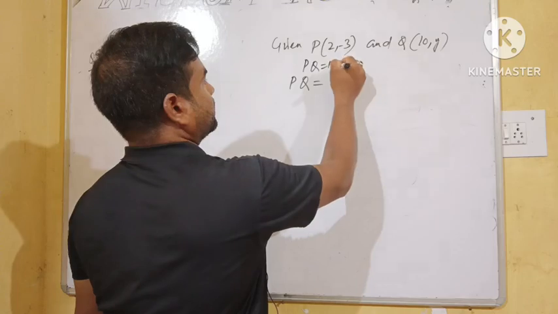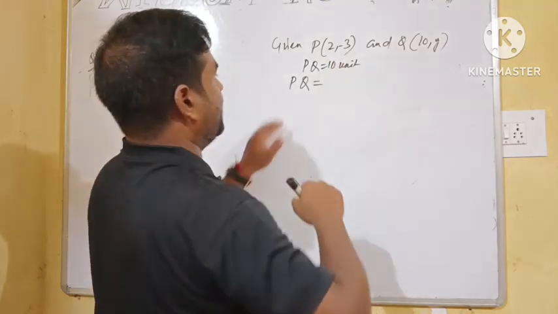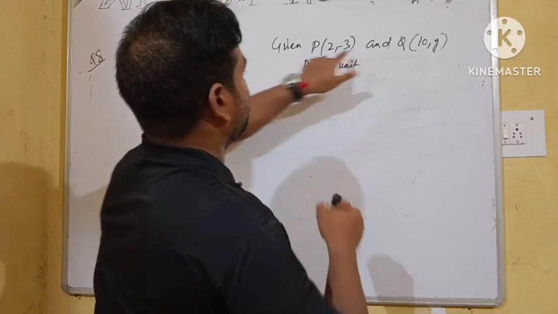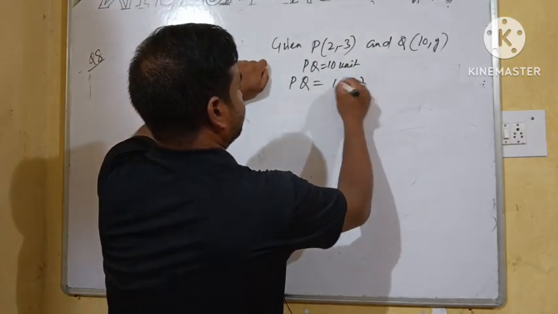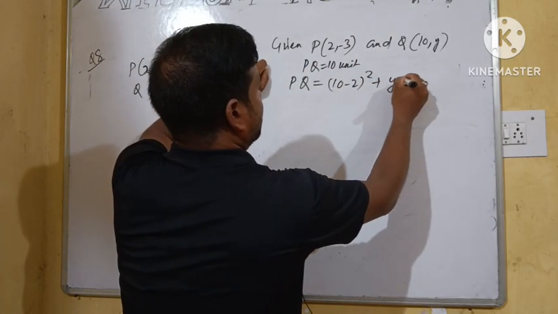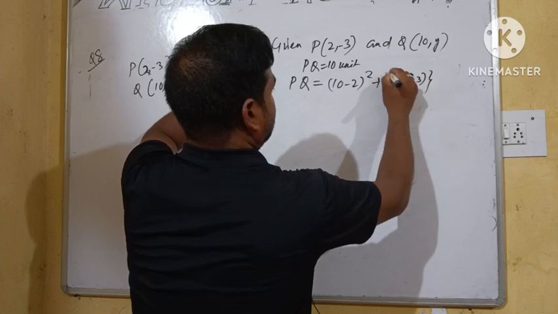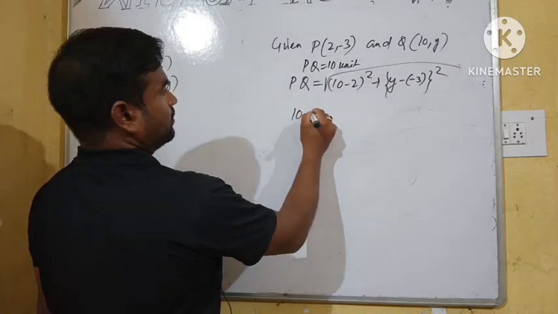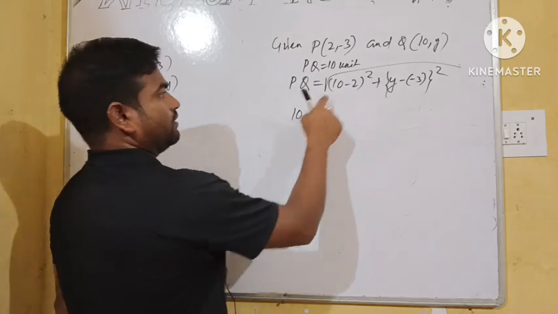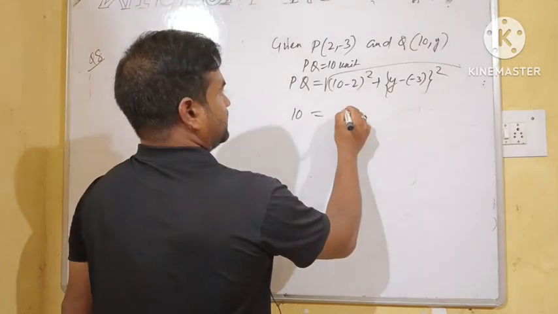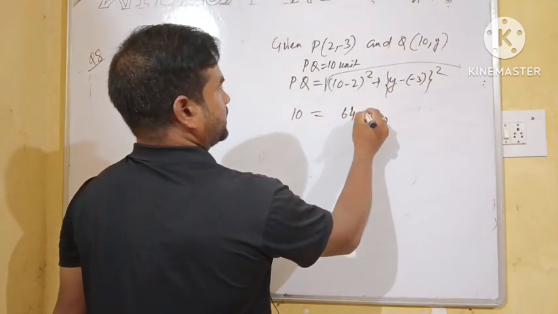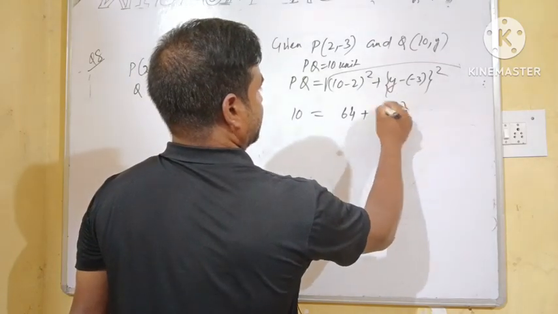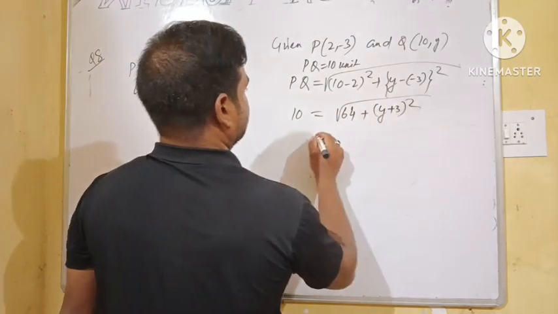Then we have to find PQ by using the distance formula. PQ is the square root of (10 minus 2) whole square plus (y minus (-3)) whole square. Putting the value of PQ as 10: 10 minus 2 is 8, 8 whole square is 64, plus (y plus 3) whole square, under the square root.